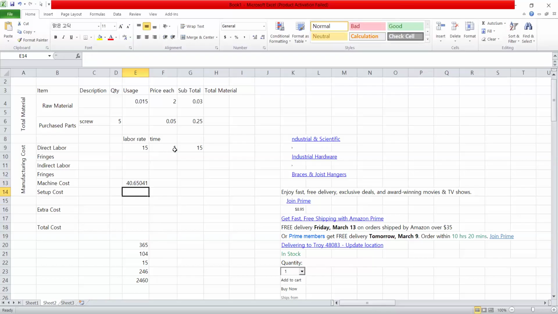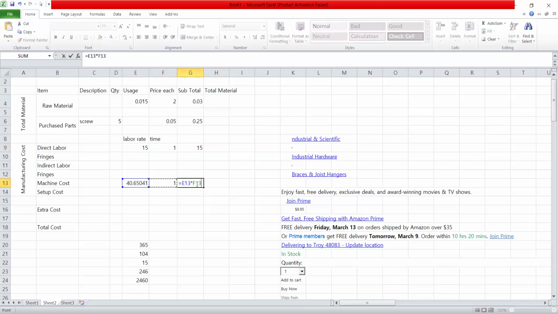What was my cycle time for the labor? 1 hour. So the cycle time is basically how long it takes to make the part, like how long we engage that machine to make that part. Earlier we said that is 1 hour. So in this case, it will be 1 hour, and then we will multiply by this machine cost.